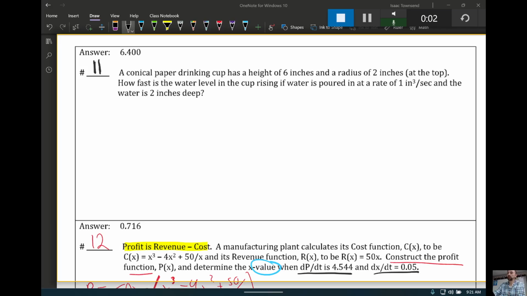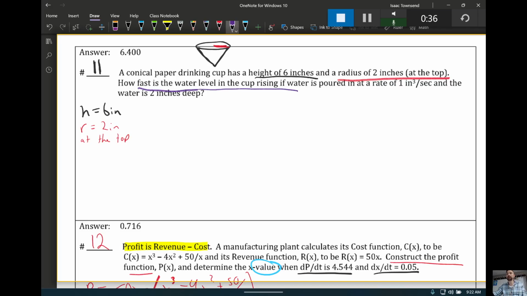All right, we've got a conical drinking cup, so that's a cone, but of course you want the opening at the top, not the bottom. Has a height of 6 inches, a radius of 2 inches at the top. How fast is the water level in the cup rising?